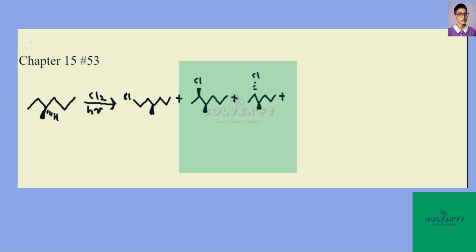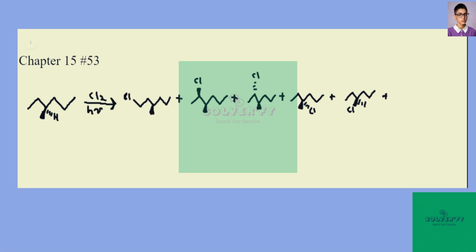Or it can add to the same carbon that the methyl group is on. And so like this, or it could add from the other side and push the methyl group to the back. So we could get that. Okay.